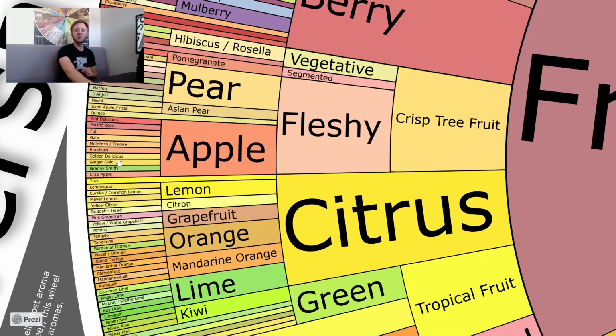Since this revelation, the goal has become to use the fewest descriptors as possible for each type of ingredient.